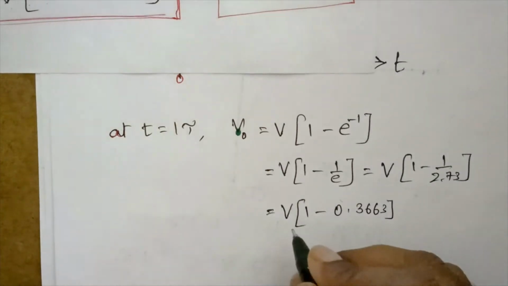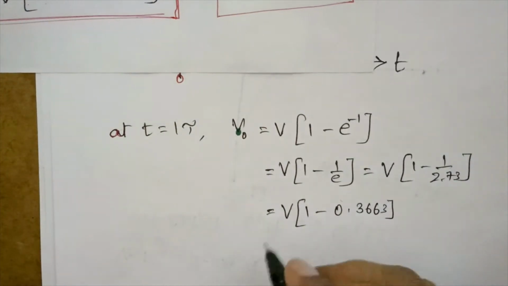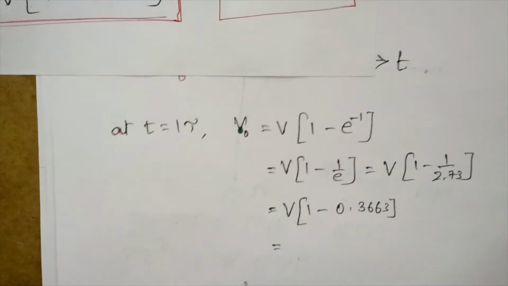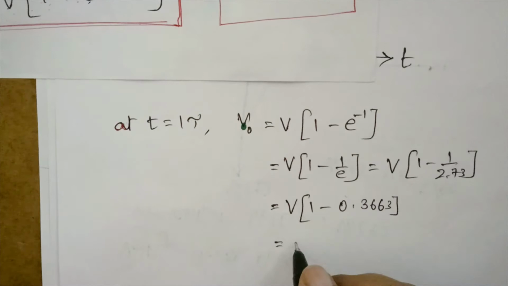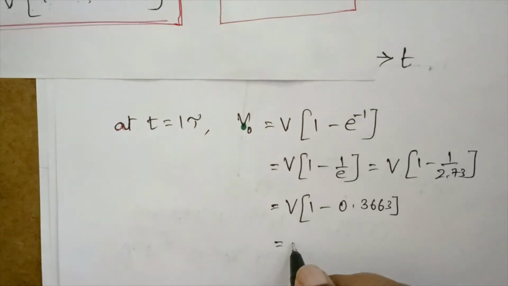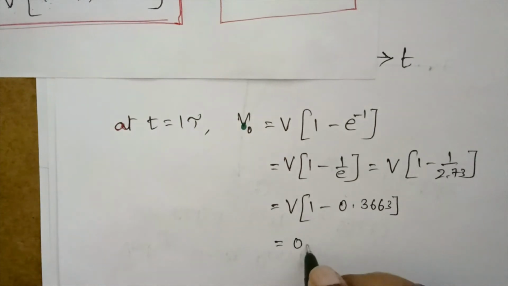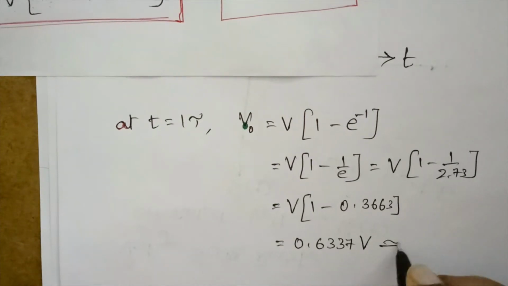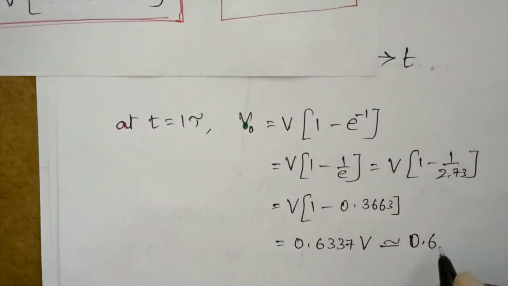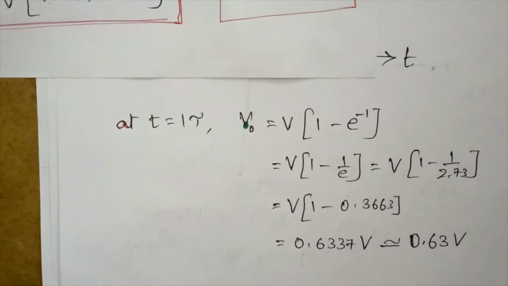If we subtract the same value from 1, we get approximately 0.6337 into V, which I take as approximately 0.63 V.